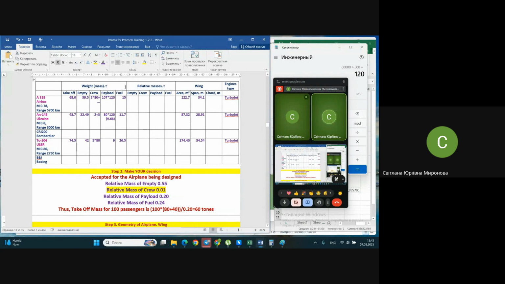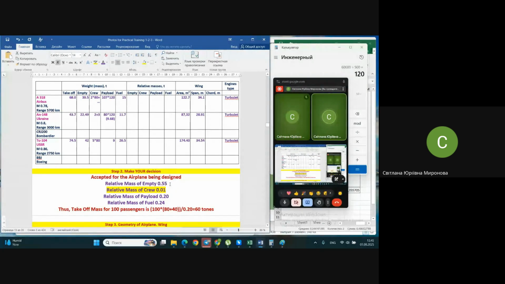With weights, we have already been working. We have analyzed the relative weights and made our own decision that in our case, distribution of weight will be like this between structure and equipment of the airplane. Remind you that it comes about the so-called empty equipped airplane. It includes the weight of the structure itself, this forceful skeleton airframe.